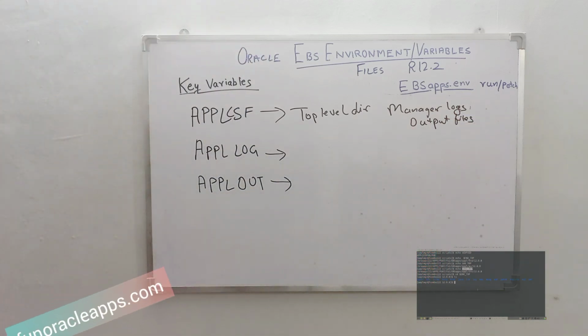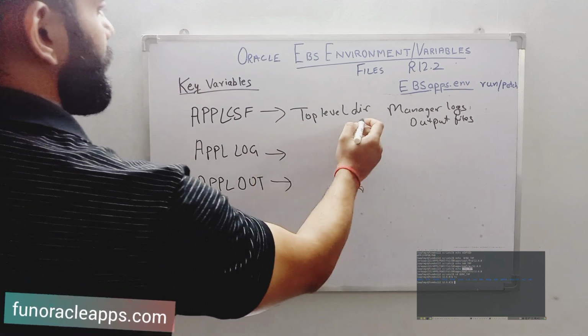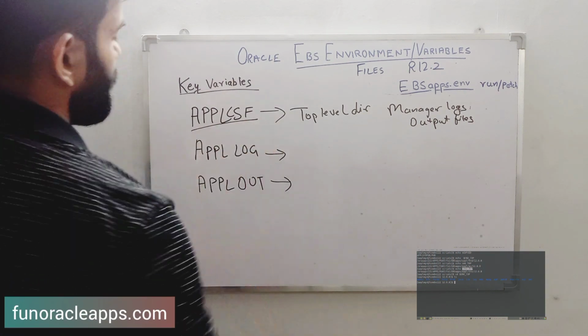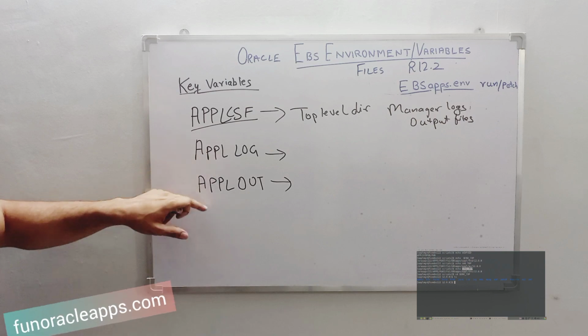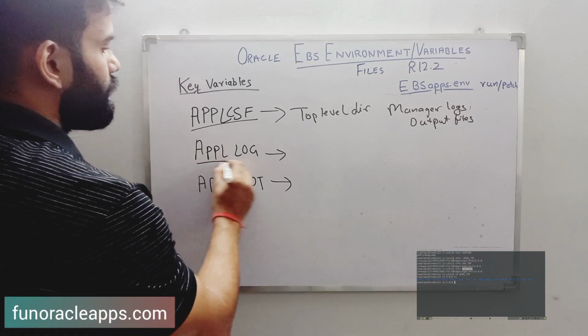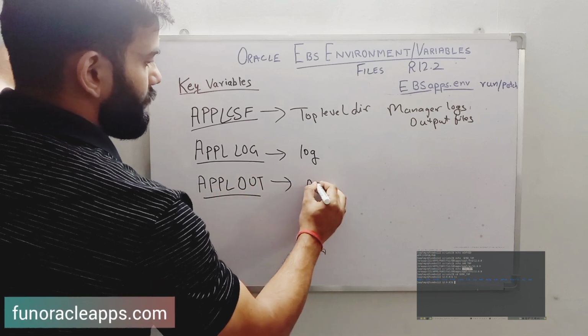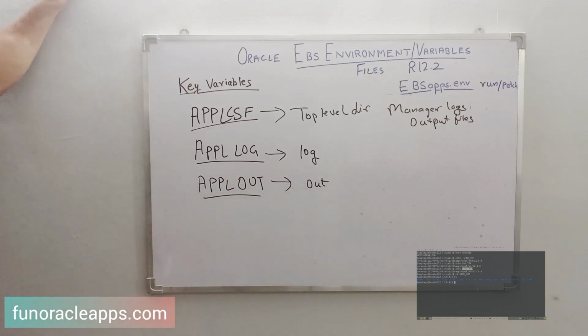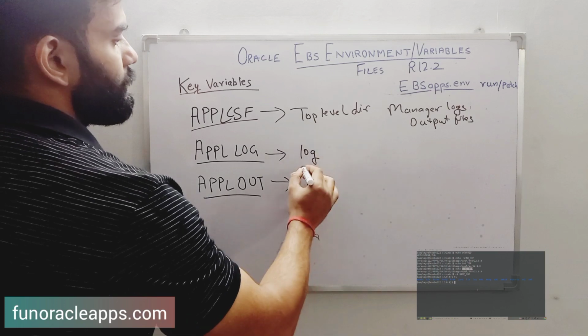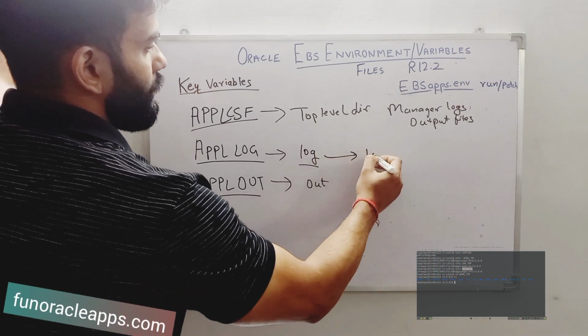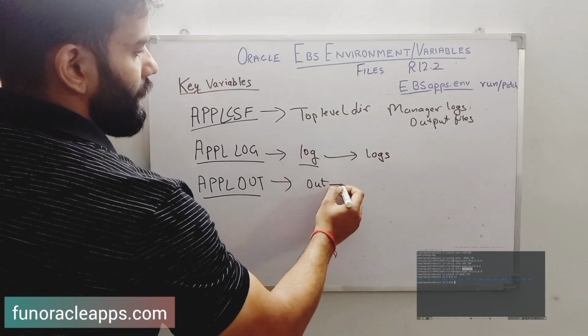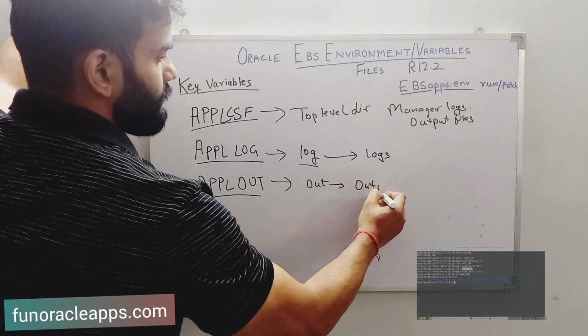They all will be placed under this top level directory, and then these two are individual directories. So this value will refer to a variable as log, this value will refer to a variable as out. So in this top level directory, there would be a log directory which will keep all the logs, whereas in the out directory all the output files would be there.